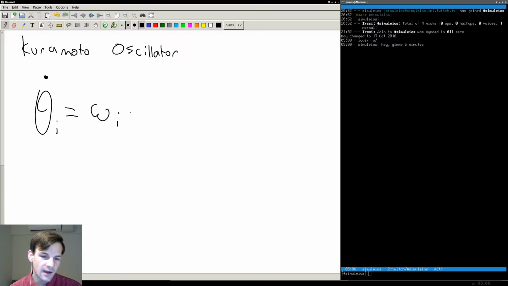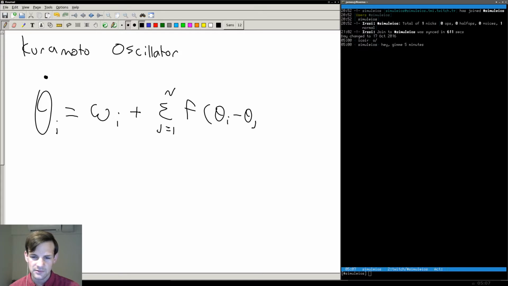And then we say this is plus some sort of sum for, let's say, j equals 1 to N, for some sort of function that's related to the difference between the i minus j. But I think they actually do j minus i. It doesn't really matter that much as long as you have the difference in here.